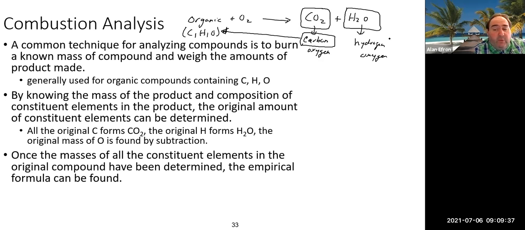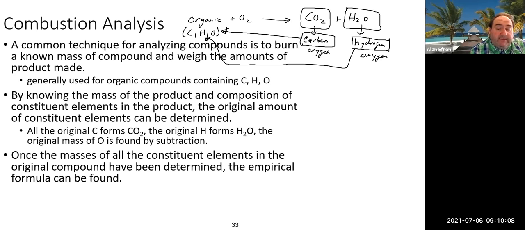And the same thing here: when we grab up all that water, all the hydrogen in that water had to originate from the original compound. And since we have conservation of mass, we know that if we could figure out the mass of carbon that was collected, we would know how much carbon we started with. If we know how much mass of hydrogen was collected, we would know how much hydrogen we started with.